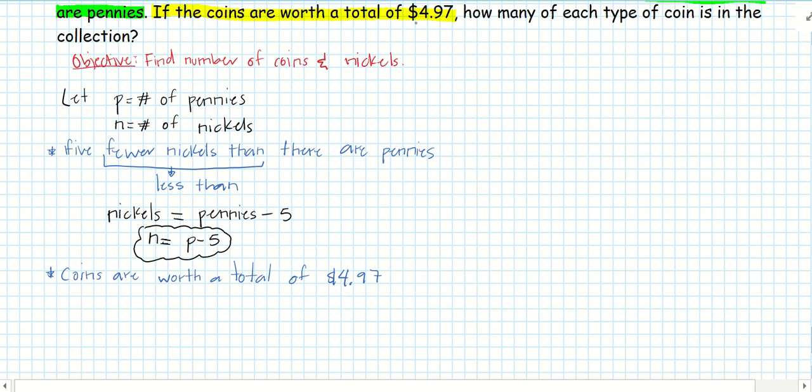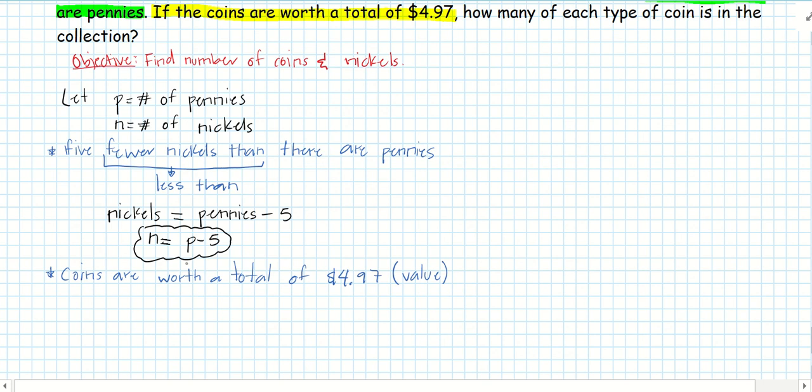Here on this yellow sentence that I highlighted, they are merely talking about the value of the coins. They're not talking about the quantity, which is how many coins there are. No, they're actually talking about the price value, right?